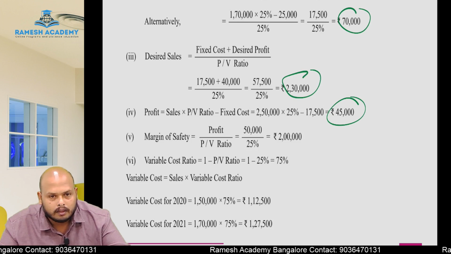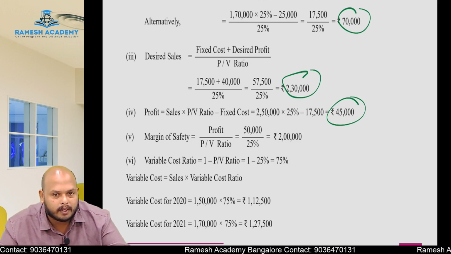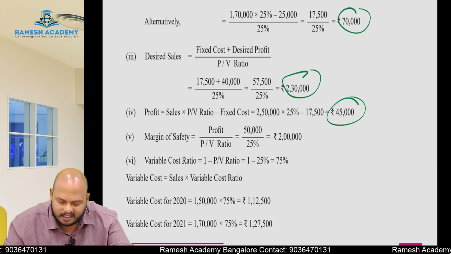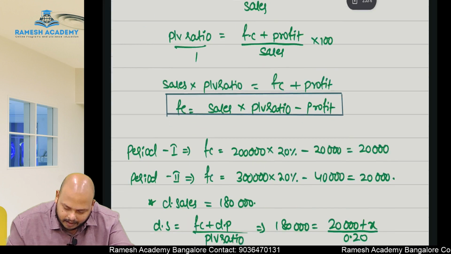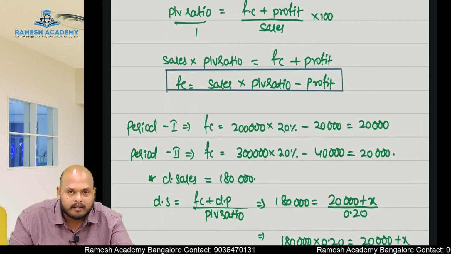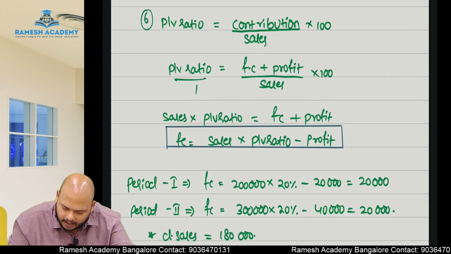Okay? So profit is equal to, what is the formula he wrote? Sales into PV ratio minus fixed cost. Good. He also derived one formula. Finally, see here, we want profit now. So what is the formula we can write here?